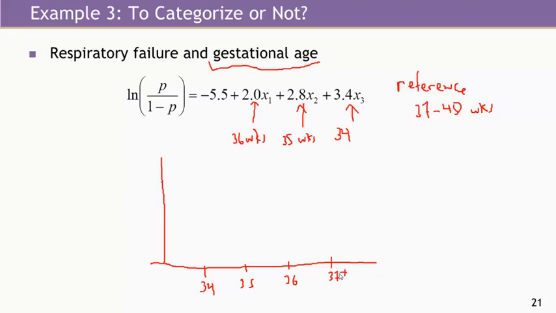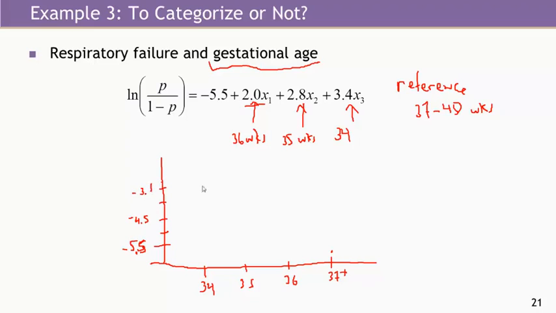So if we start with the reference group, the estimated log odds is negative 5.5. I'm just going to draw this here. So it's negative 5.5. Okay, so then the first, 36 weeks, how much larger is this than negative 5.5 on the log odds scale? Well, I'm going to do these in units of 0.5, so it's 2 units larger.